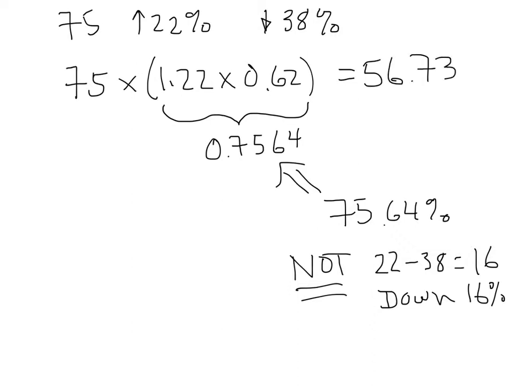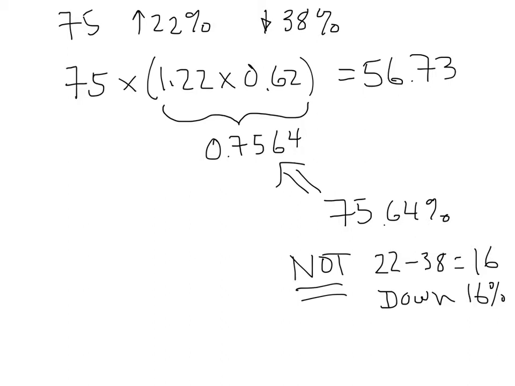Now, the multiplier in this one, as we've shown here, is 0.7564, which means ultimately we found 75.64% of 75. Sorry that the numbers are close, but this is not equivalent to taking 22 minus 38 and saying, oh, we went down 16%. In fact, we went down nearly 25% from our original number.